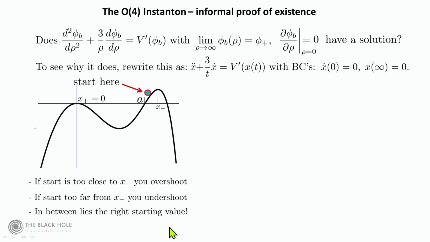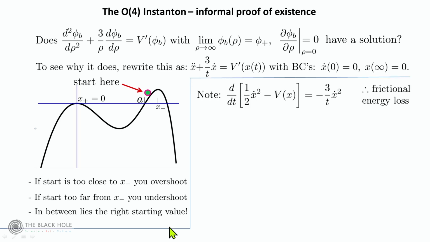Now let's get a little more rigorous. First of all, notice that if I take the derivative of this, half x dot squared minus V, all you have to do is differentiate this, and you'll get minus 3 over t x dot squared.